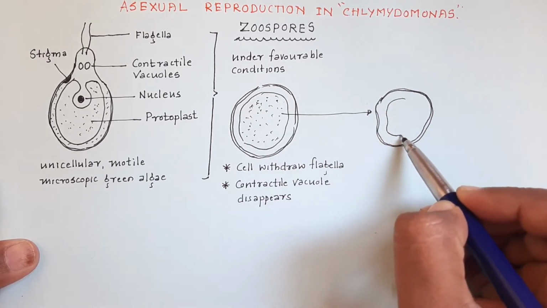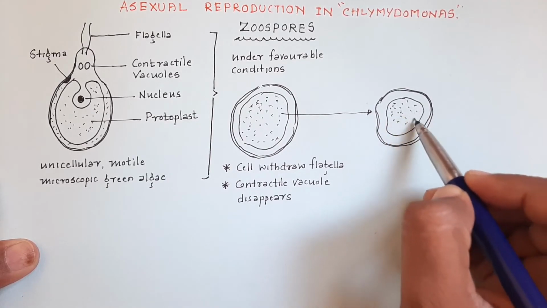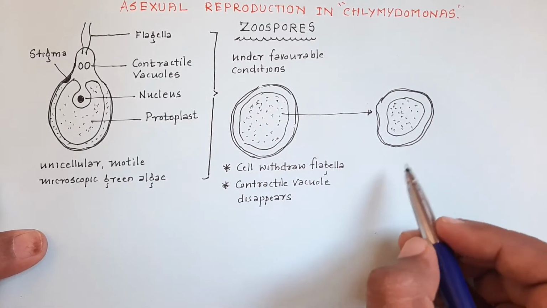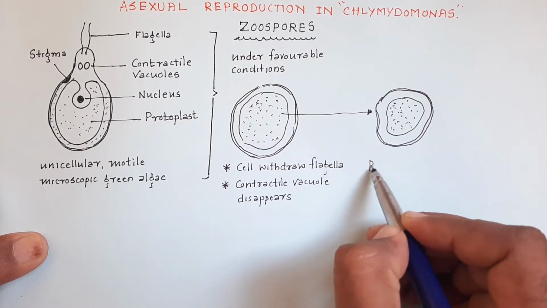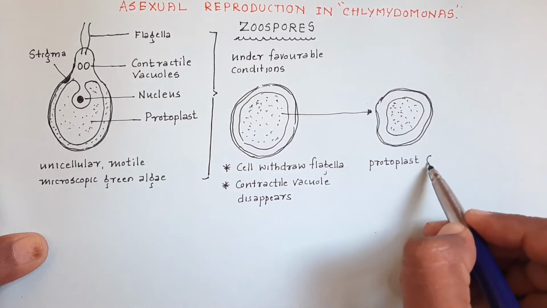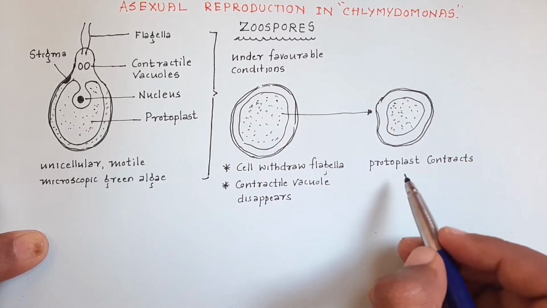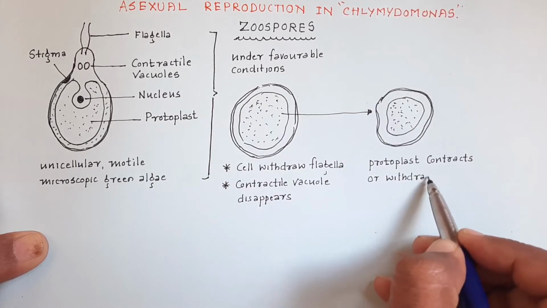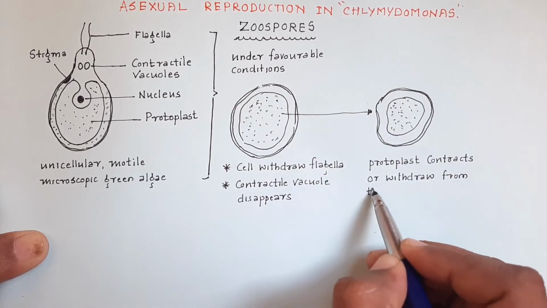The protoplast contracts and is withdrawn from the cell wall.